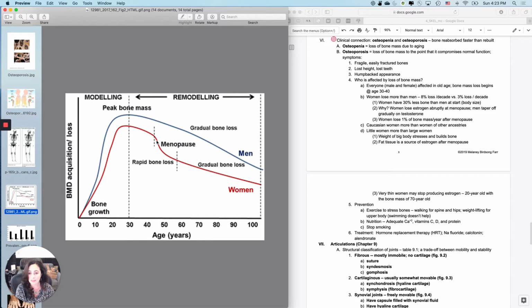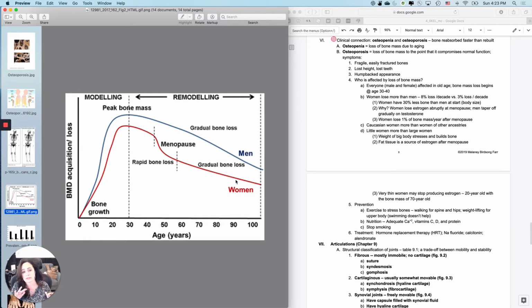And when menopause hits, you start to rapidly lose bone mass because, like I mentioned before, once you start using your sex hormones to build your skeletal system, you need them to maintain your skeletal system. And with menopause, there's a rapid-ish loss of estrogen primarily. And then after menopause is over, then the bone mass loss becomes more gradual.